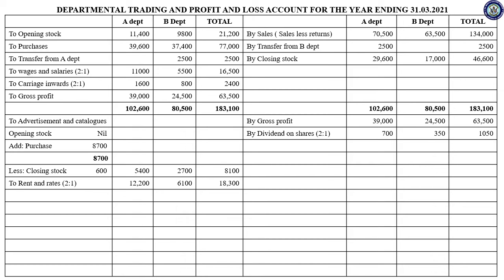Next, rent and rates in the ratio of 2:1. Sundry expense and outstanding: you have to add outstanding to sundry expense. Then you have to allocate in the ratio of 2:1 among A and B.